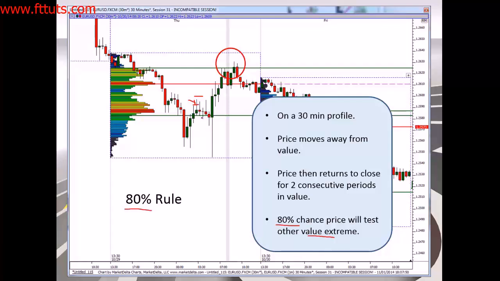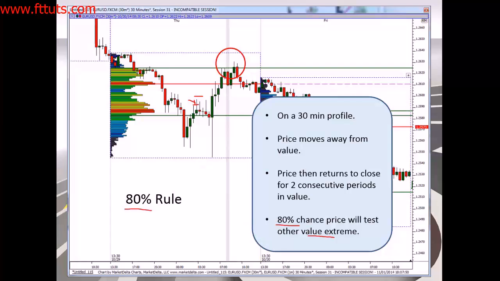Now, when we had this move back lower and come back up and close again here, this would have been an easy time to enter, knowing that we are going to eventually make it all the way to the top. Once you see this, this is a nice pattern to trade upwards. And notice the opportunities tend to present themselves when price deviates away from value, as we mentioned in some of our previous lessons.